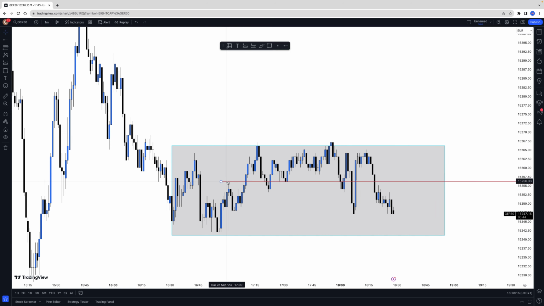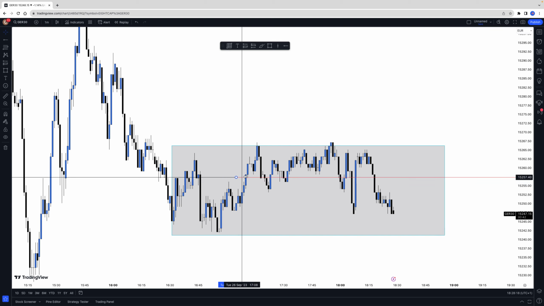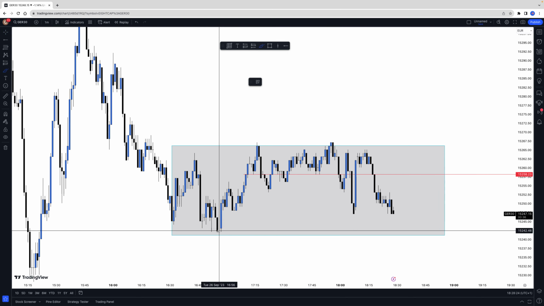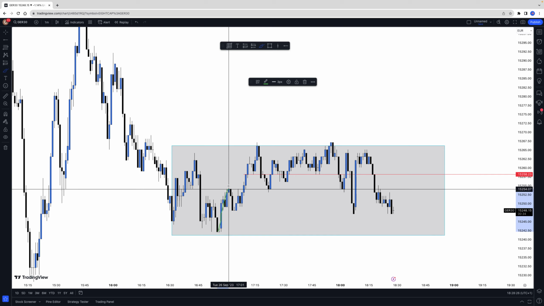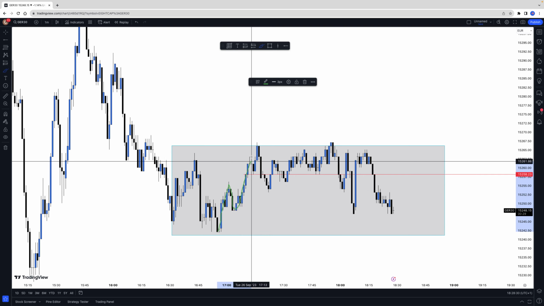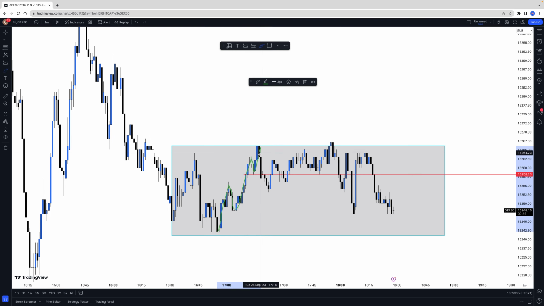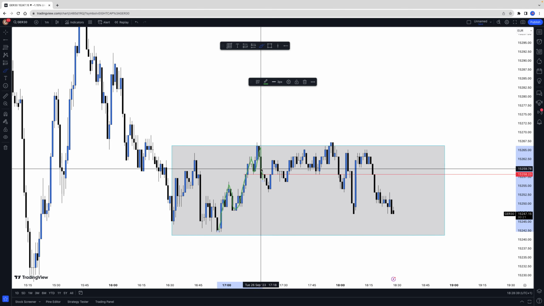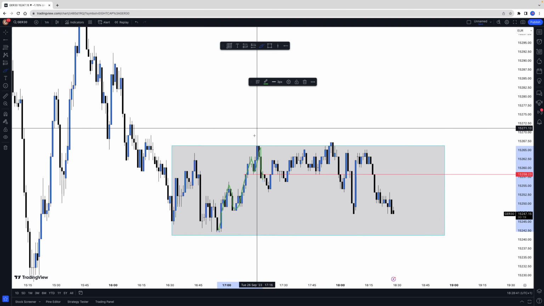Now that you've understood that with the bullish trends, look what we have here, a break of structure to the downside. As you can see, price continuing from last time: high, higher low, higher high, higher low, higher high, lower low.